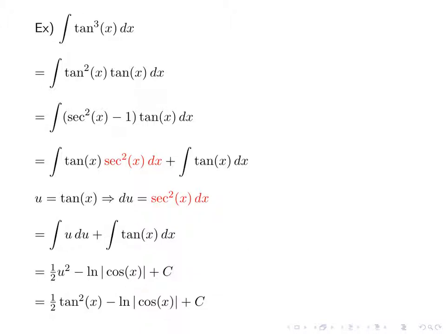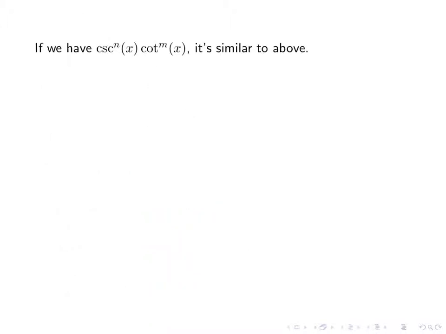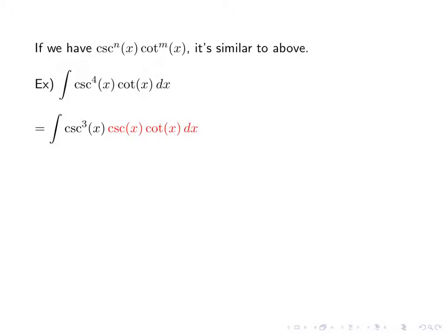Okay, so hopefully not too bad. If we have things like cosecant to a power times cotangent to a power, it's similar to what we just did with secant and tangent because the derivatives are very similar. So we'll do one example. The integral of cosecant to the 4th x cotangent x dx. We're going to pull out one of the cosecants and make it cosecant cubed times cosecant cotangent.